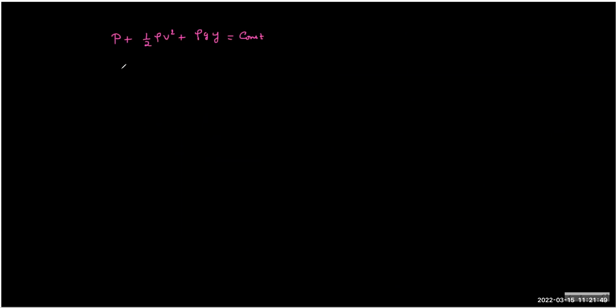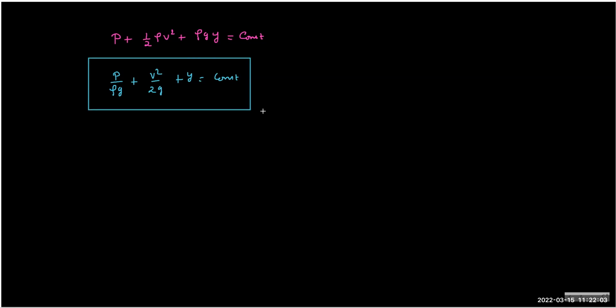So now if I divide by rho into g, this will exactly become like this. And the rho and g is constant, this is another constant. And this is the statement of the Bernoulli theorem. And this is called the pressure head.